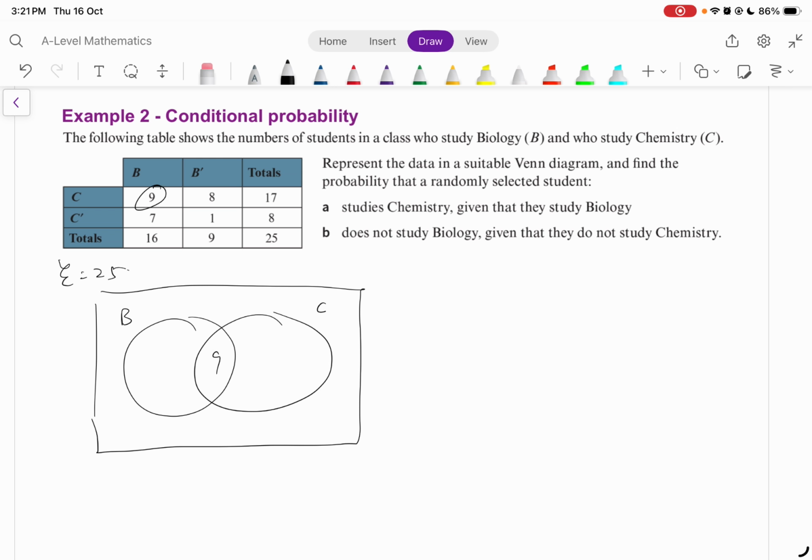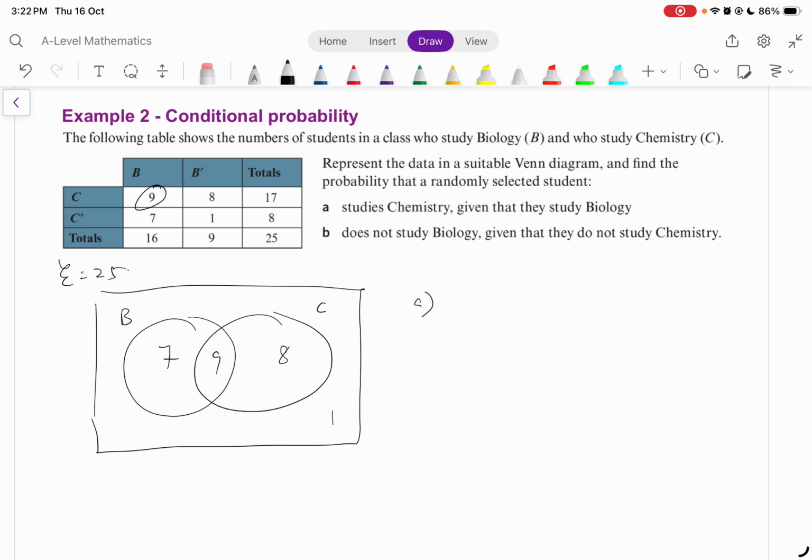So always tackle from the intersect. Then if it's biology and not chemistry that will be 7, 然后 chemistry but not biology that will be 8, and if it's none of them, it will be 1. So, we have finished our Venn diagram. Let's double check. 9 plus 1 plus 8 plus 7, that will be 25.